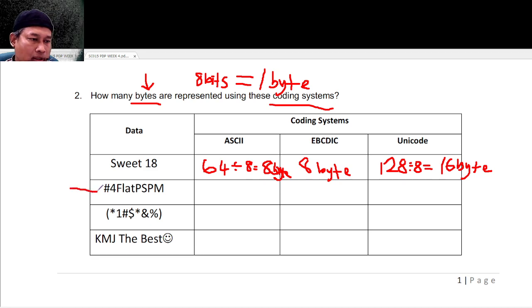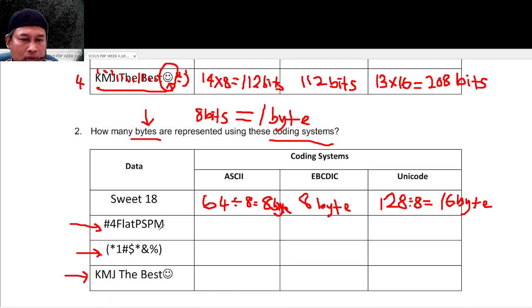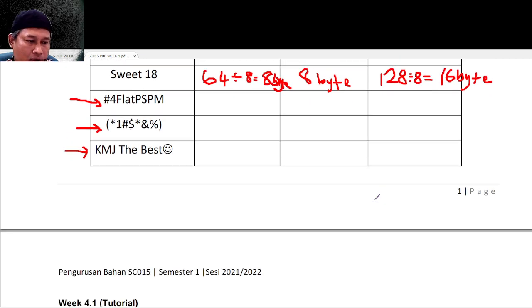the next question, question number 2, question number 3, and question number 4. Okay, I hope you have found the answer for the 3 questions. How many bytes are represented using the coding scheme ASCII, EBCDIC, and Unicode.